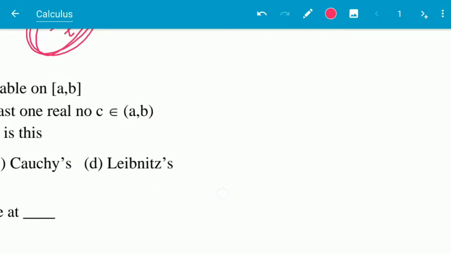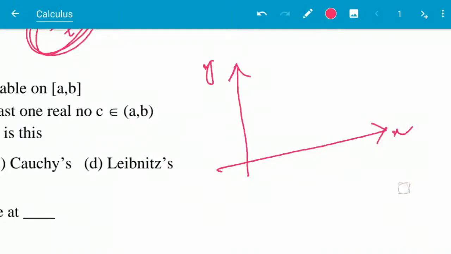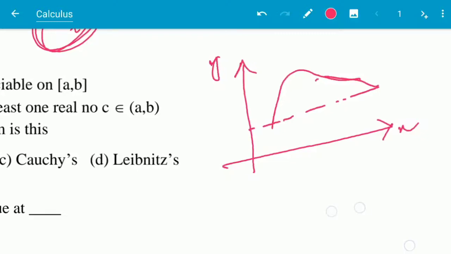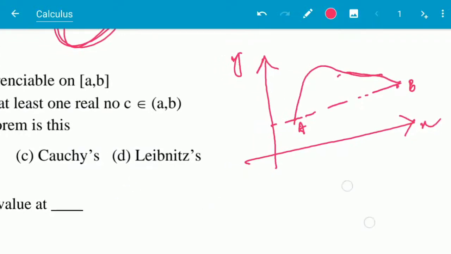Rolle's theorem is like this. This is y and this is x. Suppose a function like this, and here this is point A and this is point B. This corresponds to x value A and this corresponds to x value B, and this is f of A, this is f of B, both are equal.